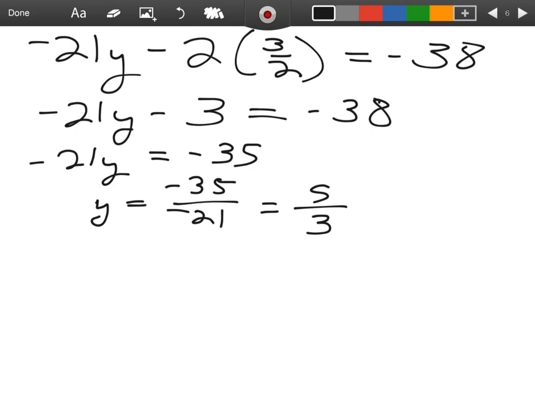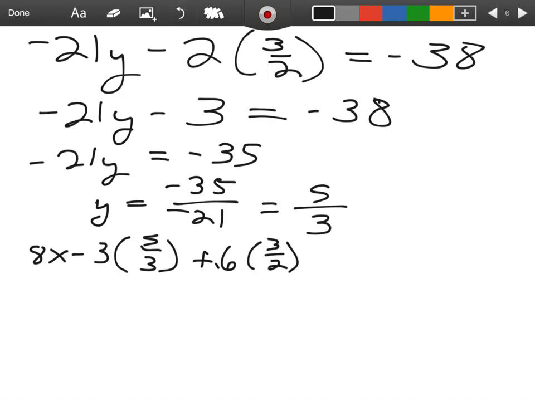Then substitute everything into the last equation: 8x minus 3 times 5/3 plus 6 times 3/2 equals negative 2. So we get 8x minus 5 plus 9 equals negative 2.